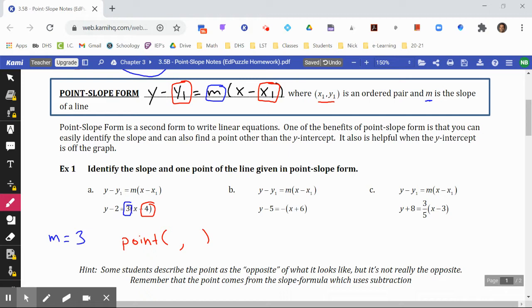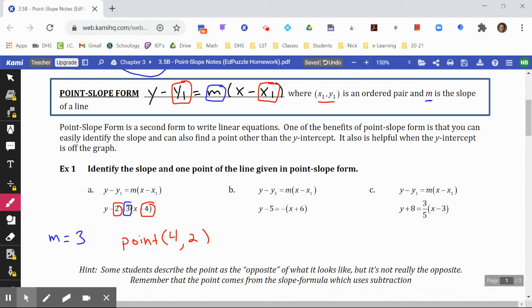X minus x1, and I have x minus 4. Therefore, my x1 value is 4. I'm going to have the same thing on my left side: y minus 2. My form is y minus y1, so therefore my y1 value is also positive 2. So the slope of that is 3, and my point is 4, 2.